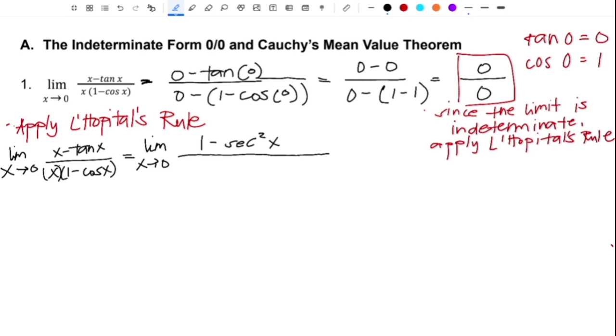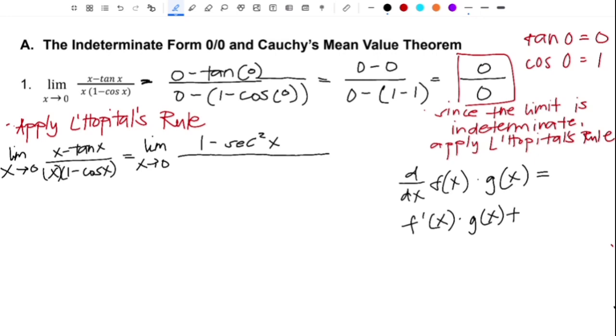And the product rule states that the derivative of f of x times g of x is equal to the derivative of f of x multiplied by g of x, plus f of x and the derivative of g of x.